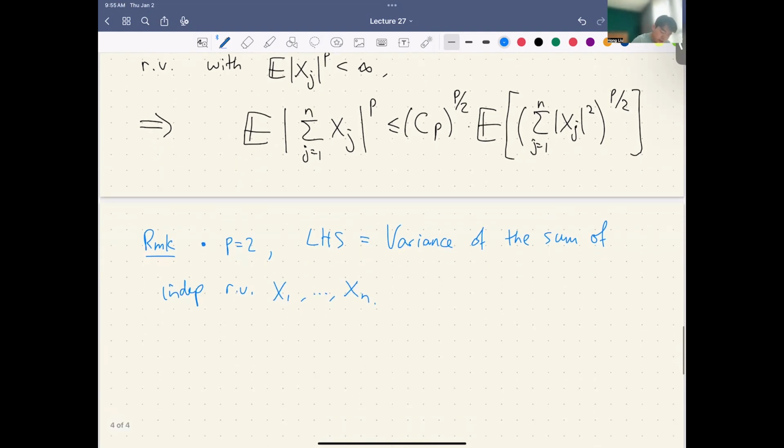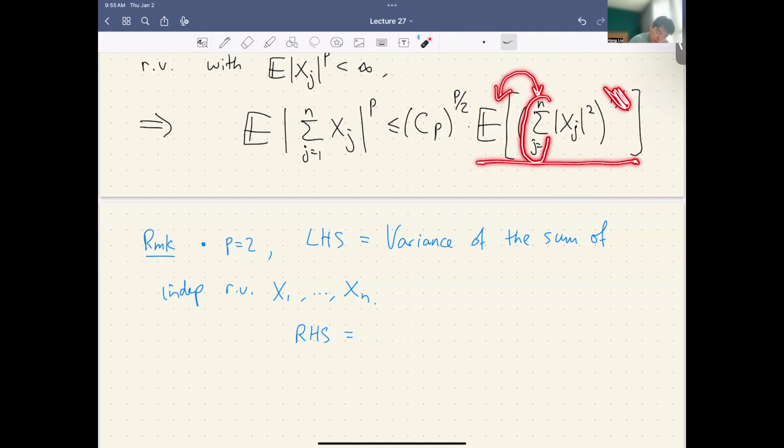But what is the right-hand side? Forget about this term for now. Here, 2 divided by 2, so you can forget about this part. And inside, by linearity of expectation, you can exchange the summation and expectation. It is basically the sum of the second moments. Since this is mean 0, that's variance.